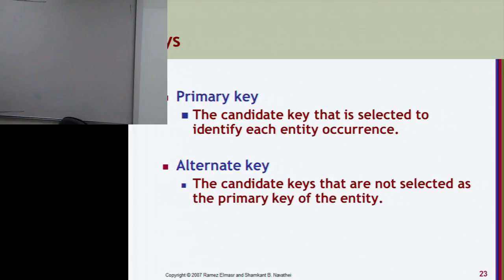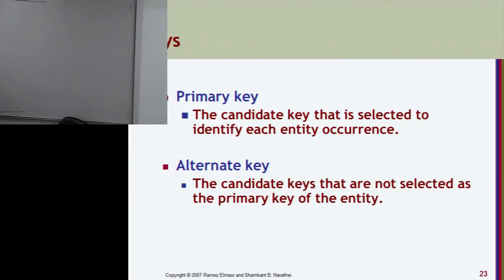This is the one that's most commonly used to identify the entity, the specific entity occurrence. We said for a student, for example, we have student ID, and student name might be a unique identifier. Maybe other fields or attributes can play the same role of unique identifiers, but we are choosing the primary key. We are choosing the student ID as the primary key.